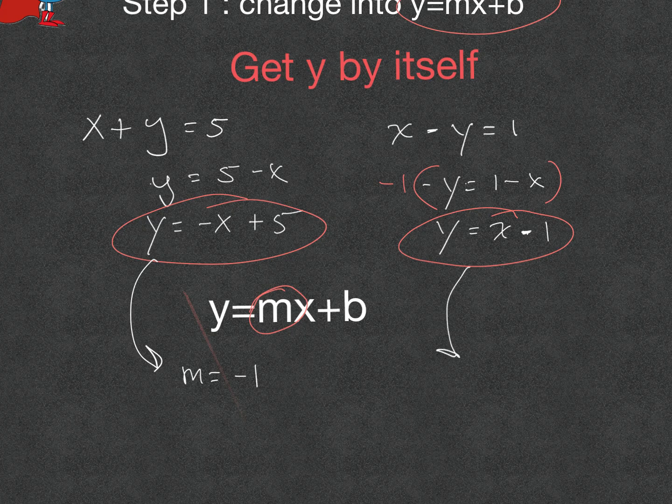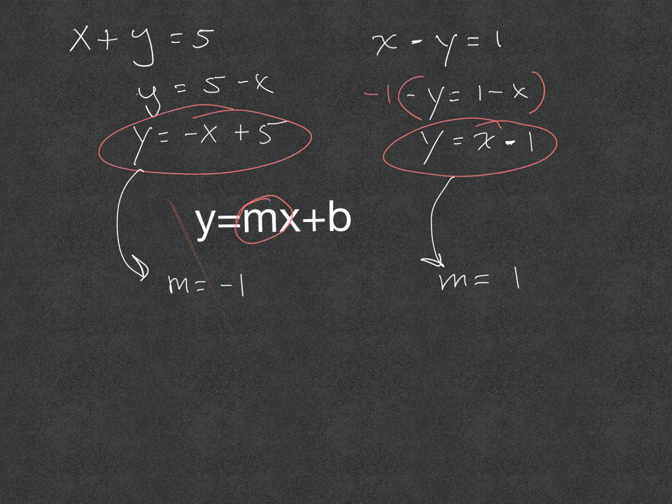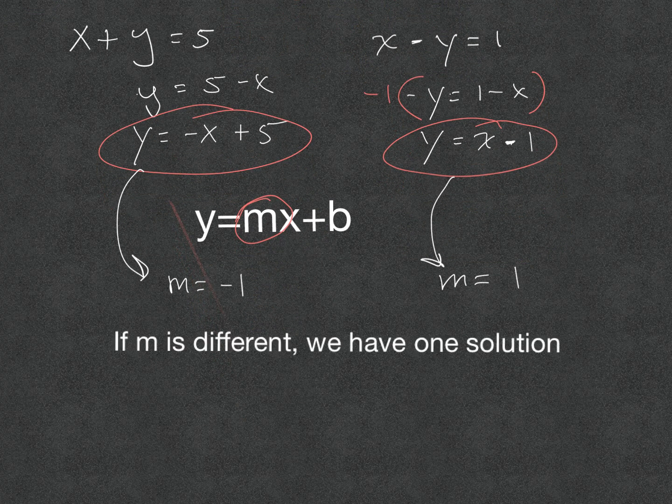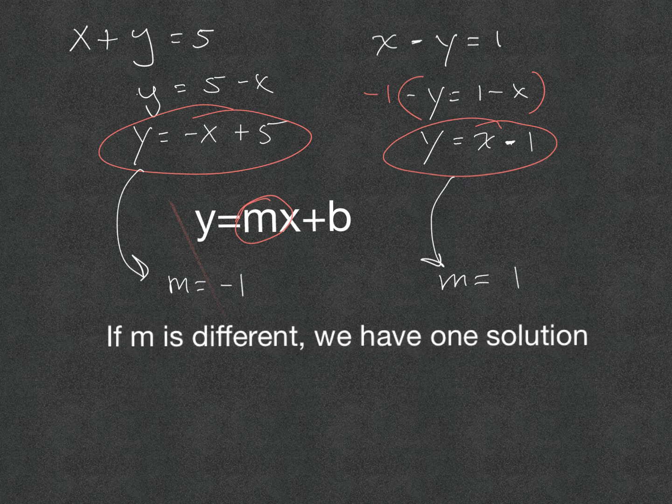What is m here? m is equal to 1. Are they different? Yes. If m is different, we have one solution. If m is the same, we don't have one solution. Since m is different, I'm going to graph these.